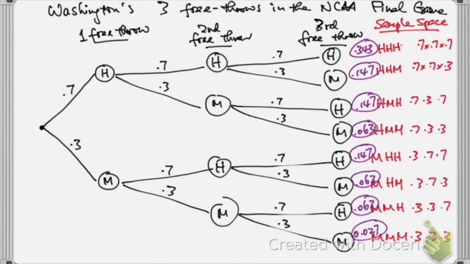I've listed out all the rest, and I've also calculated by multiplying those numbers. So the chance of him hitting all 3 throws would be 0.343. The chance of him missing all 3 throws would be 0.027. With that, we can start answering certain questions by simply looking up or adding up those numbers.